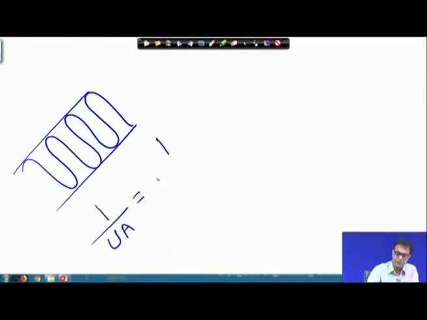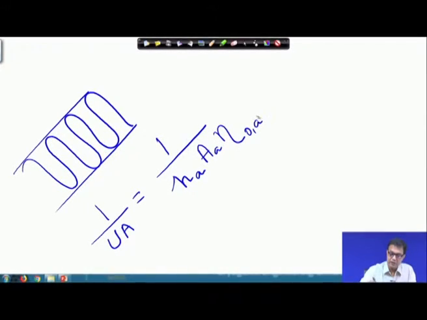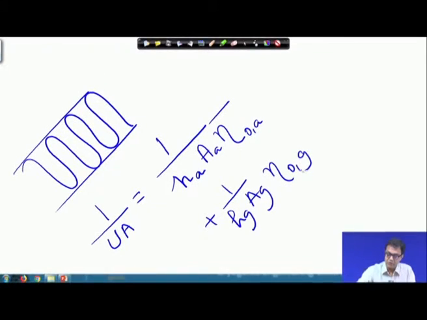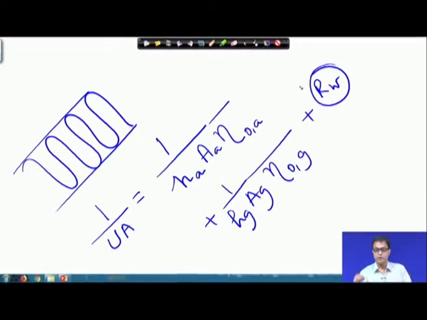If you remember from the previous classes, this is 1 by h_A A_A eta_O for the air side, plus 1 by h_G A_G eta_O for the gas side, and also we have the wall resistance estimated for the wall.